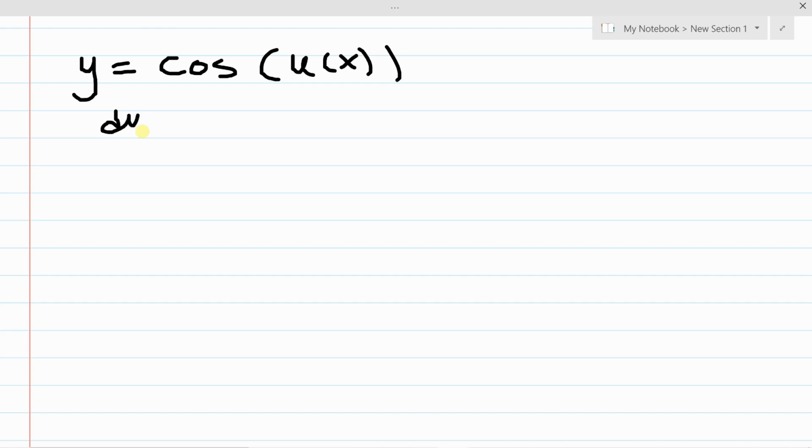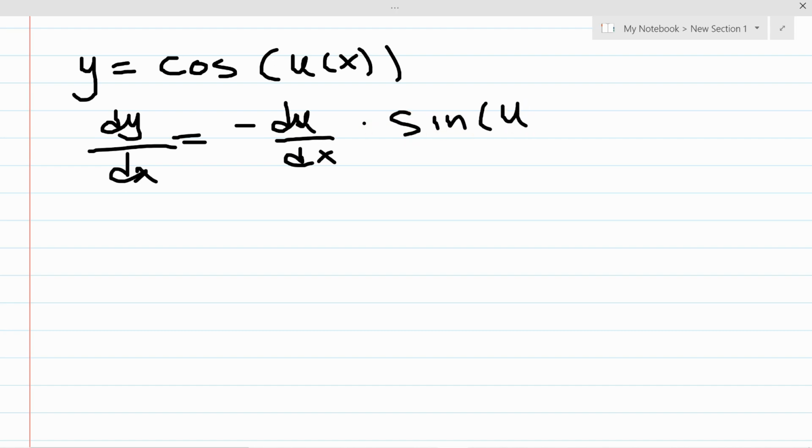Alright, what about if I have y equal to, let's say, cos of u of x? With this, the differential dy dx is equal to negative of the differential of the bracket, du dx, times sine of u of x.